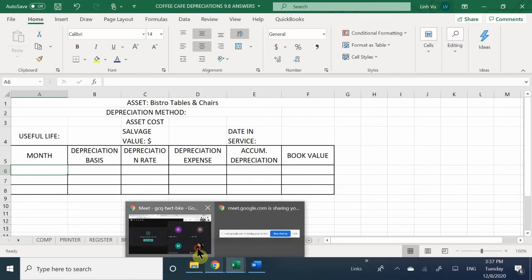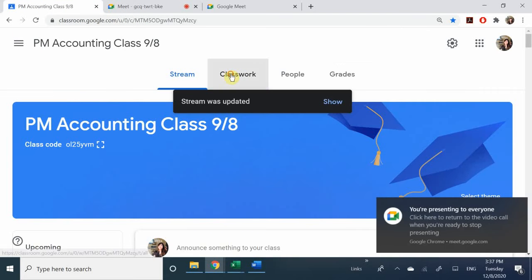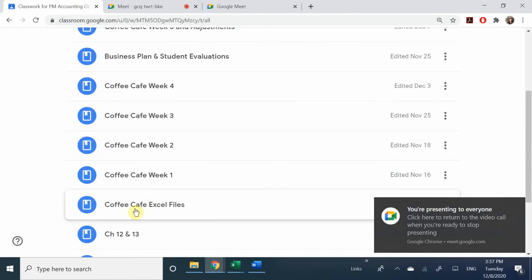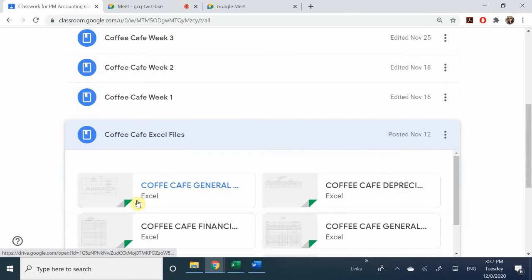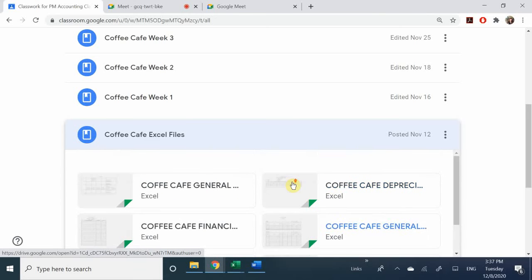Okay, so again, I'll pull it up on the Google Classroom for you guys because I know for sure I had it up there. I see all the different inventory sheets. Is it in with the financial stuff? It's a separate one right here. Coffee Cafe depreciation tables.